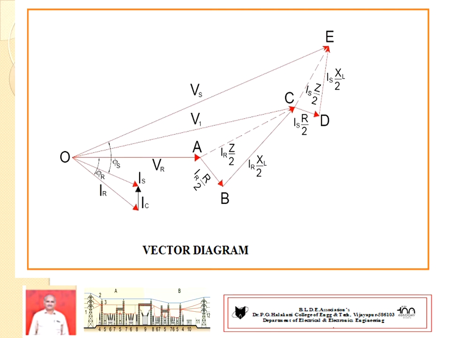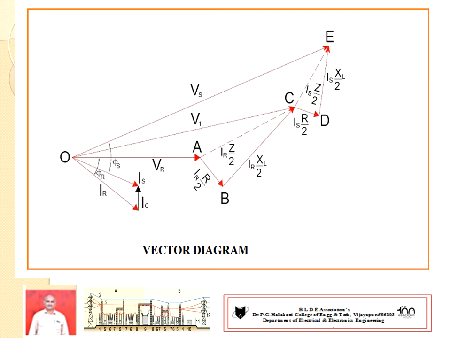So this is the vector diagram. You observe the vector diagram very carefully. It is just an extended version of the short transmission line with the addition of the capacitance current. You take Vr as reference, starting from the load voltage.